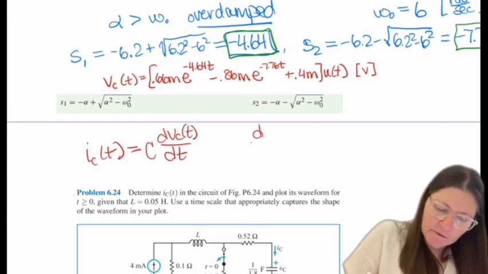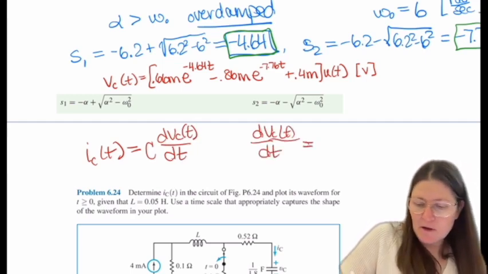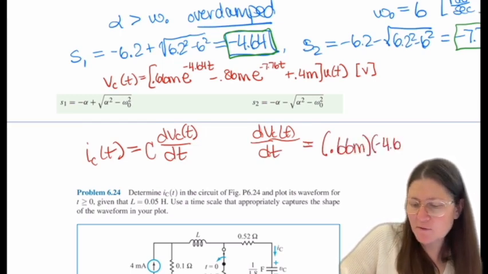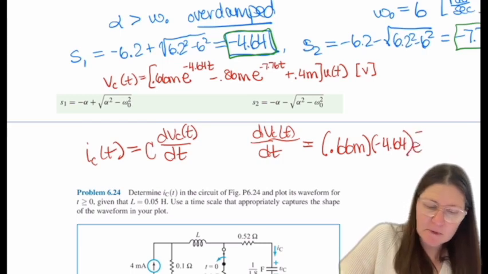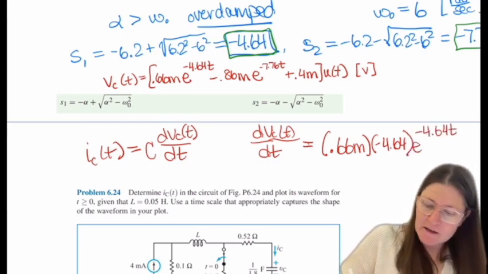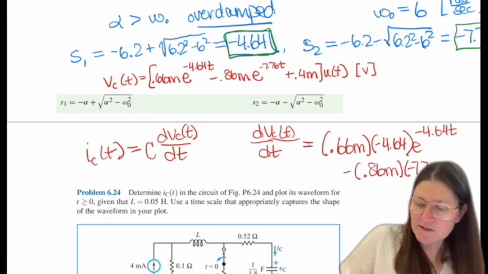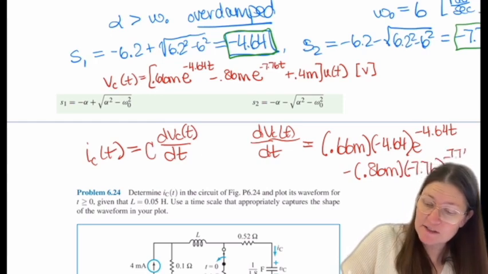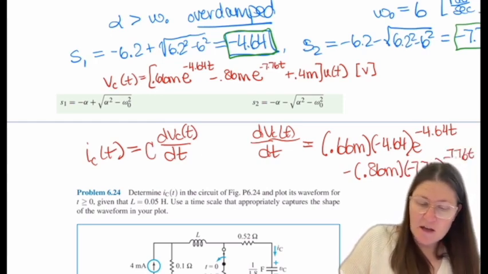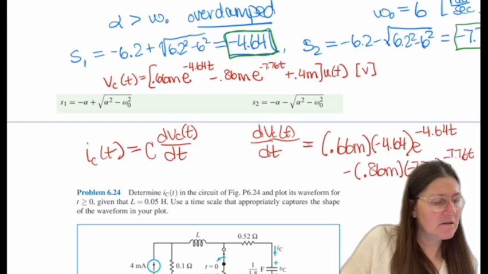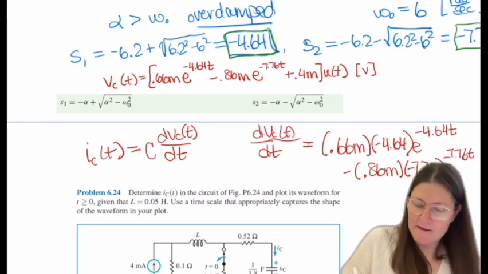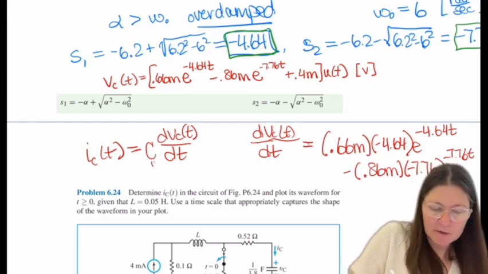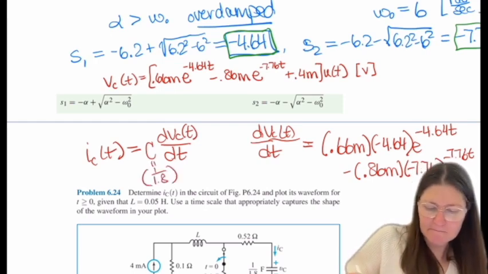If we take the derivative of VC of T with respect to T, the first one becomes 0.66 milli, and then the minus 4.64 comes down, e to the minus 4.64 T, and then a minus 0.86 milli times minus 7.76 e to the minus 7.76 T. And then the 0.4 milli goes to 0. And then we multiply by C, which was 1 over 1.8.